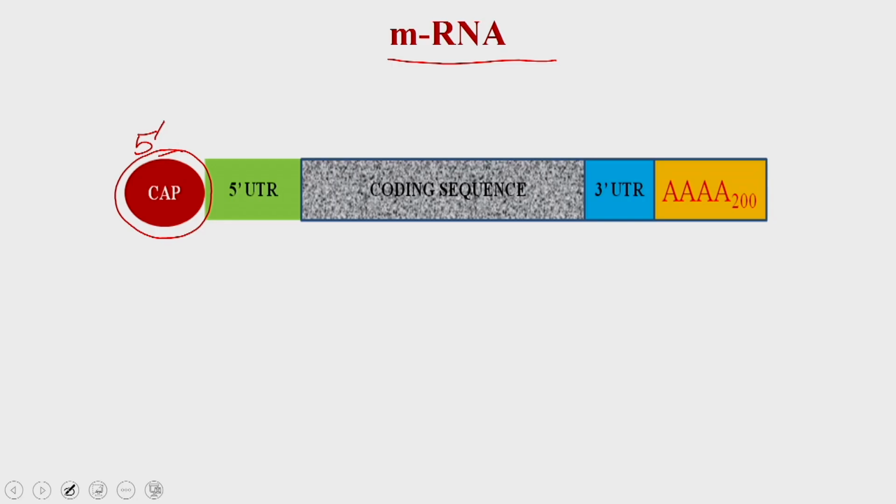Then you have the 5 prime UTR region, which is responsible for guiding the ribosomal assembly, and then the coding sequence, which is the sequence responsible for generating the protein. This is generated from the DNA.